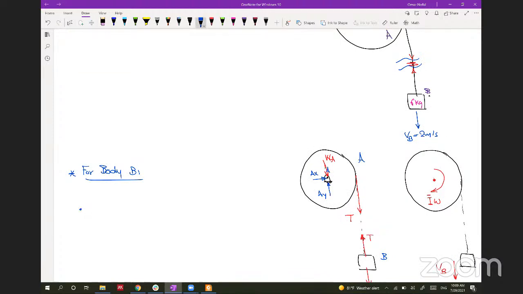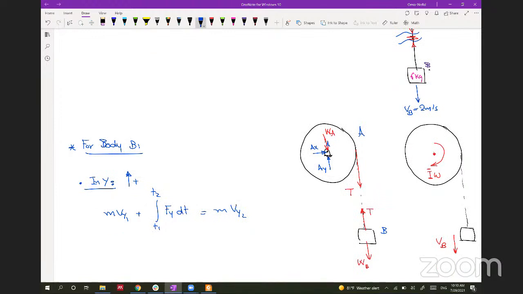So let's say here in Y, and I'll make the positive going up. So our equation will be mvy1 plus the integration of Fy dt from t1 to t2 equal to mvy2. All right, vy1 is not equal to 0, it's equal to 2 meters per second. It's going down, and we have our positive going up.